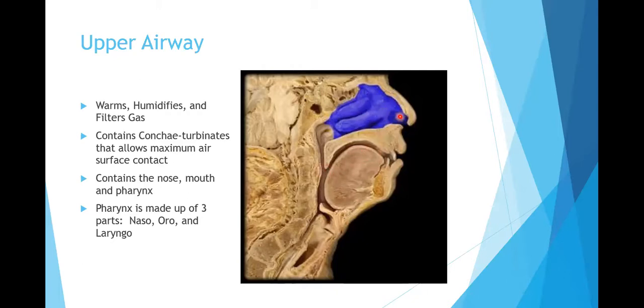You have a nasal pharynx. The pharynx is behind, right? So you have the nasal pharynx, the oral pharynx, and then you start going into the laryngopharynx, right? This is what I'm talking about. Air comes here, swirls around, gets hot, gets wet.